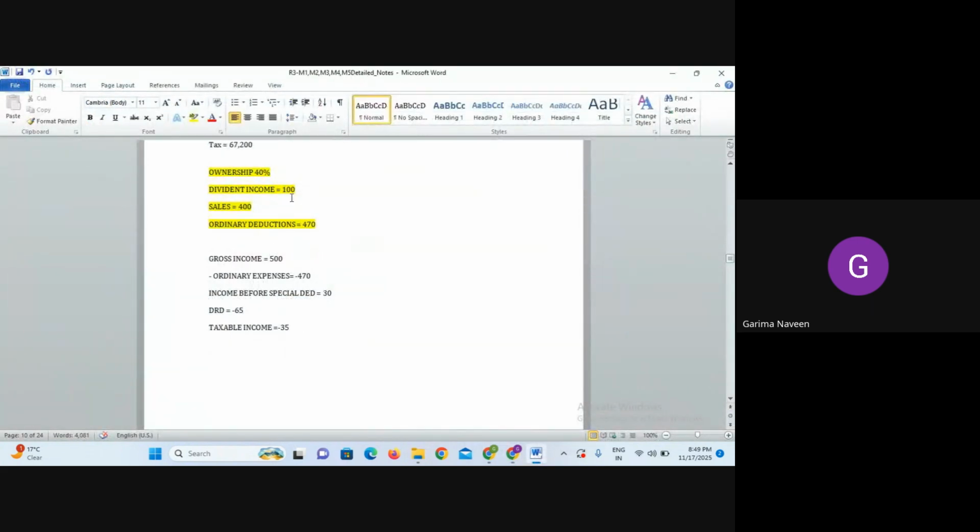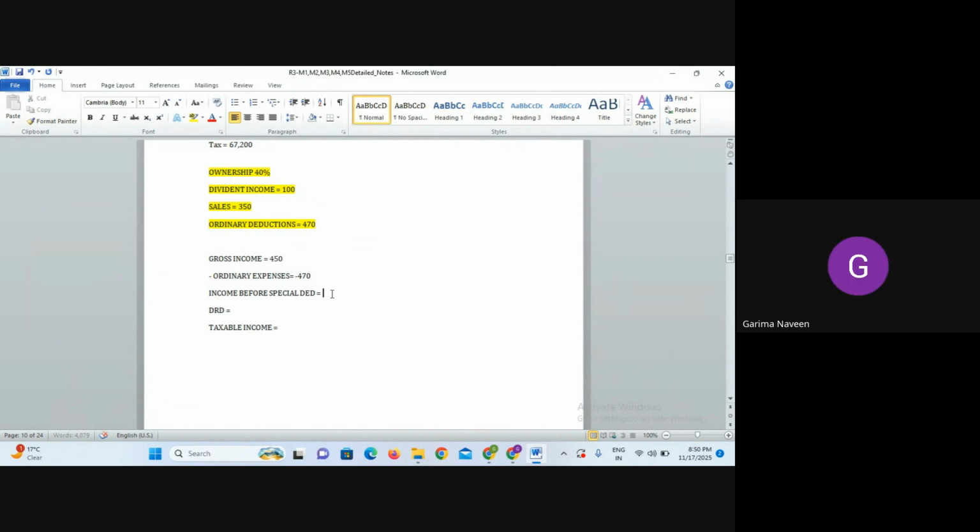So let's take one more example. Now your dividend income is 100 and let's take your sales here 350. So now calculate all these values. What will be gross income now? 450.